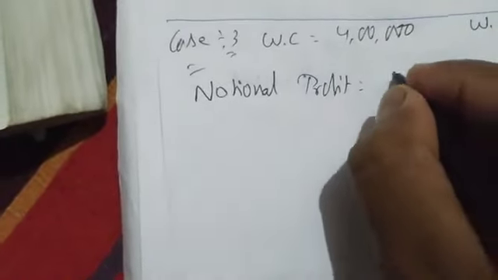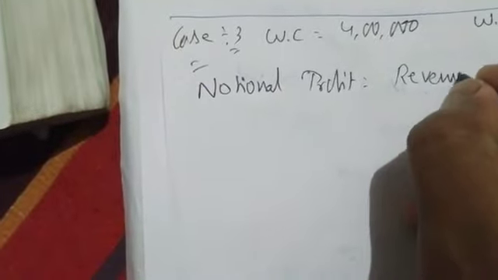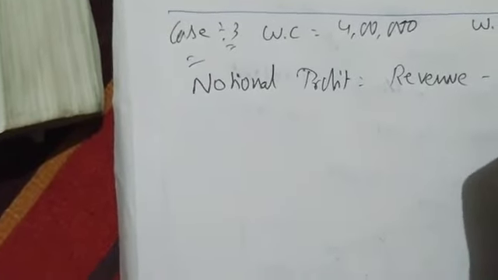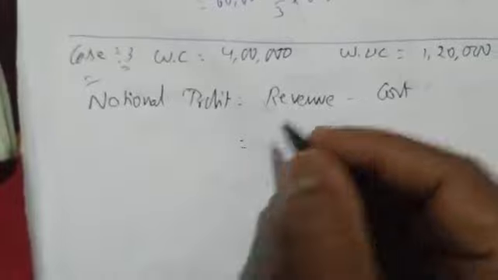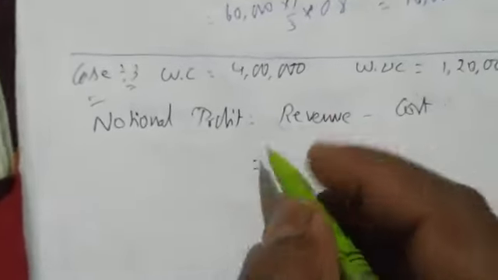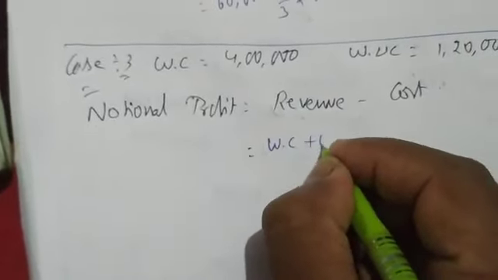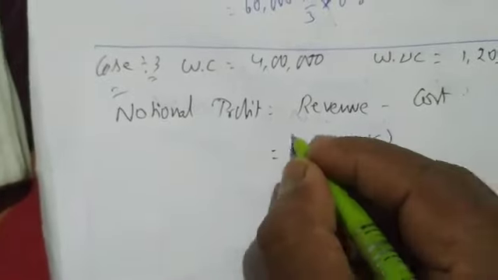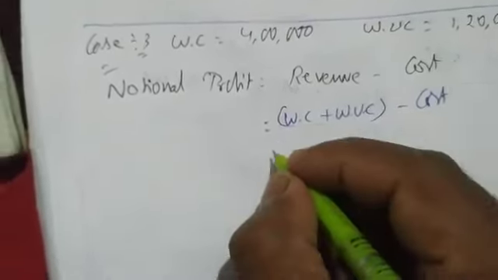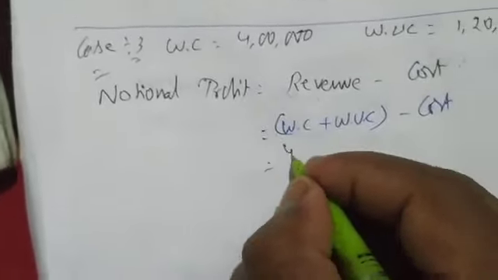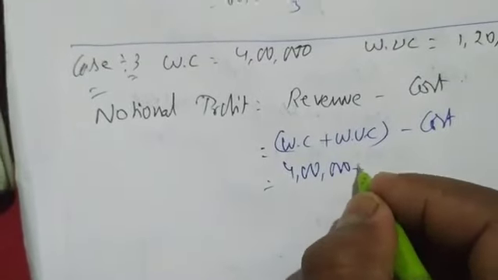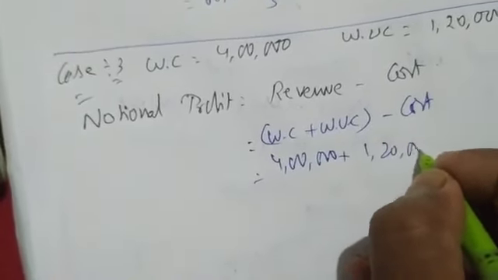Formula: revenue minus cost. How much is revenue? We know the revenue formula. Revenue is work certified plus work uncertified, minus cost. So how much is work certified? 4 lakhs plus 1,20,000 minus cost.